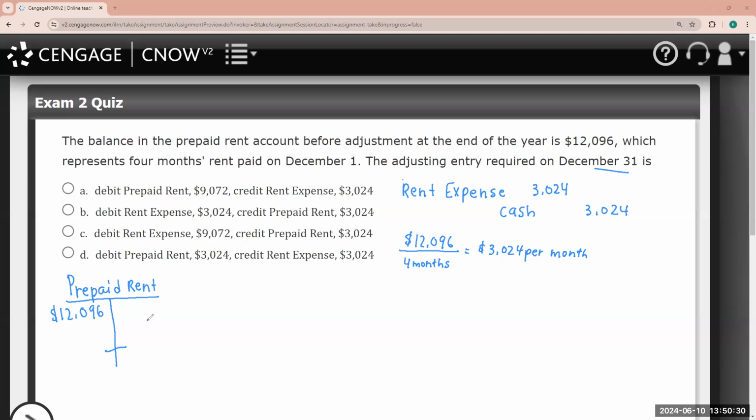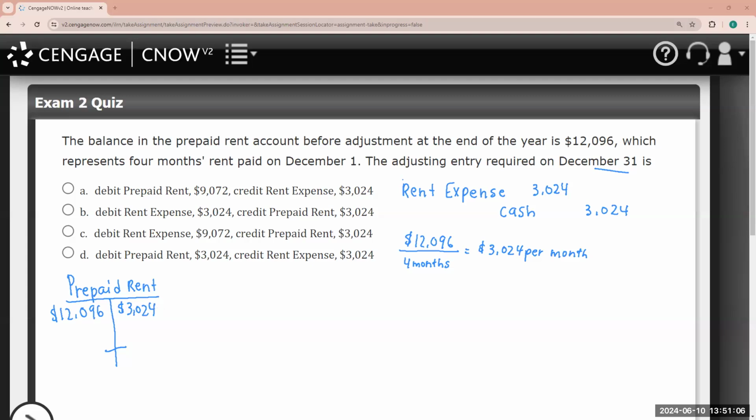Based on this information, the balance in our prepaid rent account is going to decrease by $3,024 because 1 month has elapsed, and we need to ensure that at the end of the period, when the financial statements are being prepared, they show prepaid rent with a balance of 3 months. In accounting, there's only one way to increase an account balance and only one way to decrease it. As we are dealing with assets, debits increase the balance and credits decrease the balance. Therefore, we would credit our prepaid rent account for $3,024.